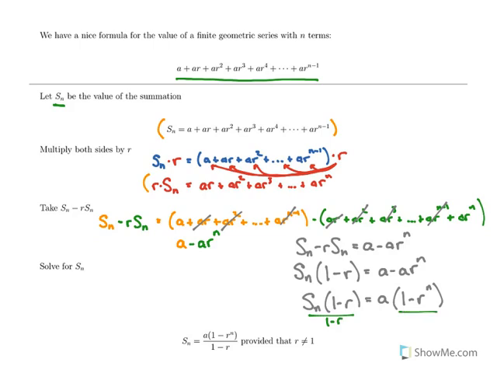If we divide by 1 minus R on both sides, we get our formula here at the end. So if we know what A is and we know what R is, we can plug those into this formula, and that will give us the value of the finite sum. And note that we cannot have R equal to 1 here because that would give us a 0 in the denominator. You'd get 0 over 0, an indeterminate form, and that's not good. But providing R is not equal to 1, this is the value of the finite sum.